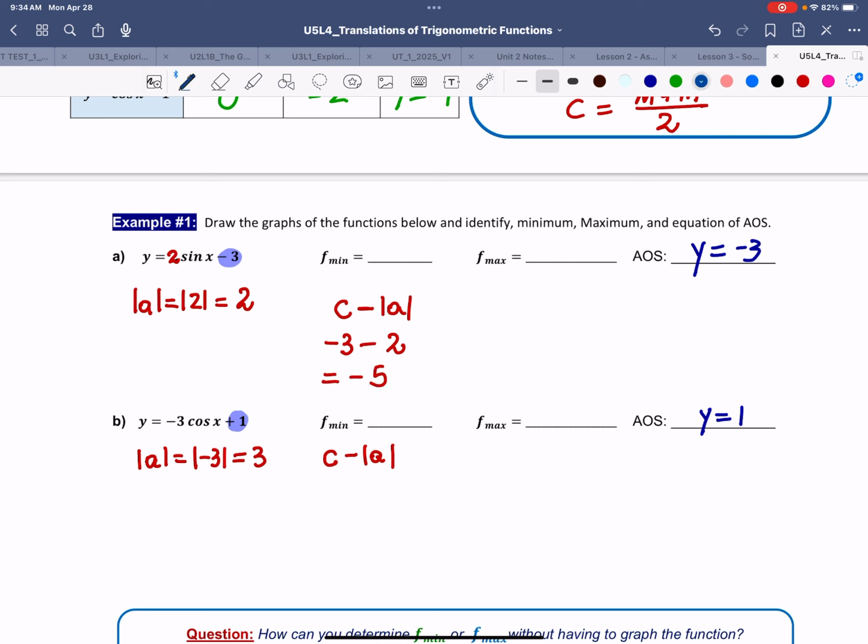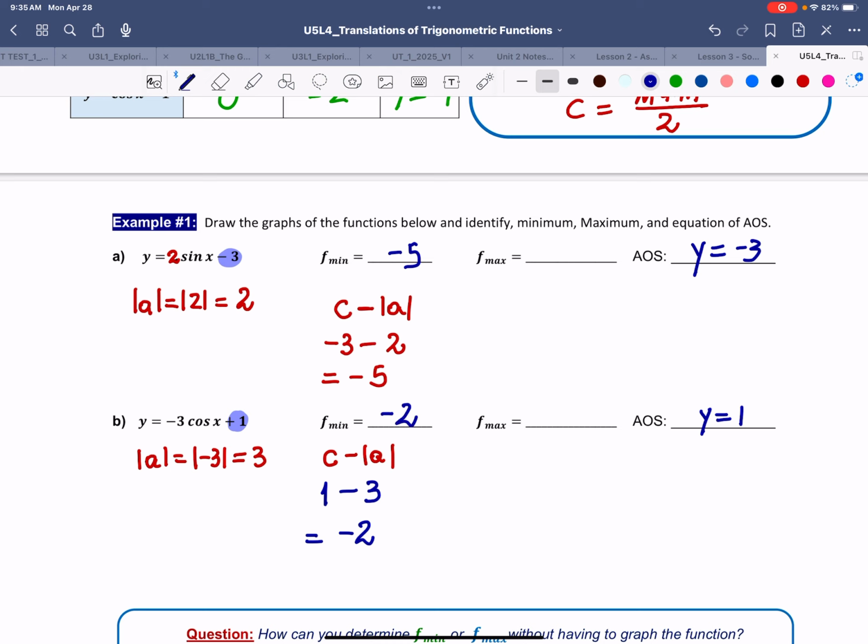So we'll say that the value of the minimum of this function will be -5. Now for the next function, we have the value of c equal to +1. That's our c value. And now we are subtracting the amplitude, which is 3, right? And that will take the minimum of the function to y equals -2. So we say that the minimum is -2.